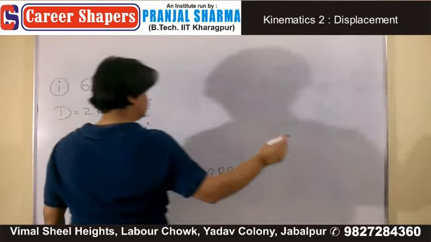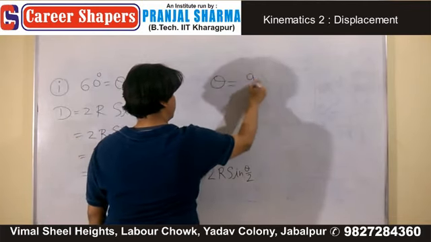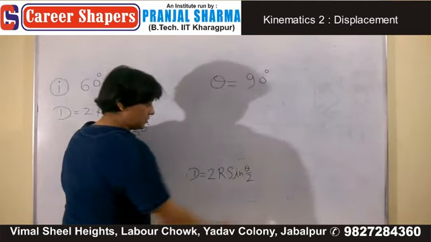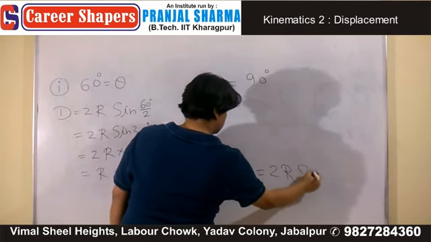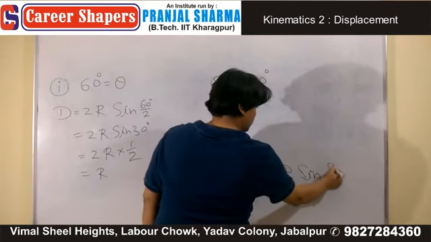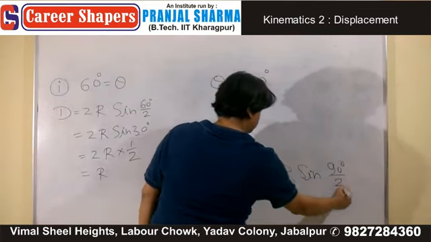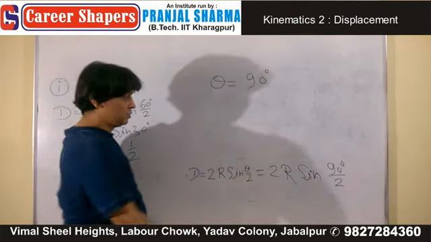Look here. If theta is 90, then this is 2r sine 90 by 2. Remember, this is theta by 2, 90 by 2.